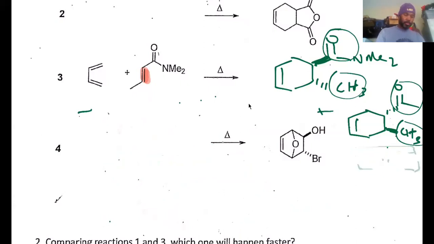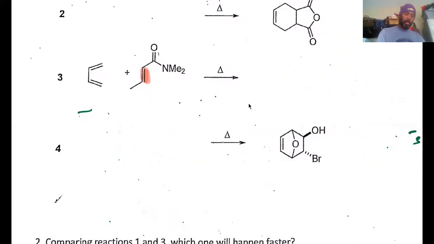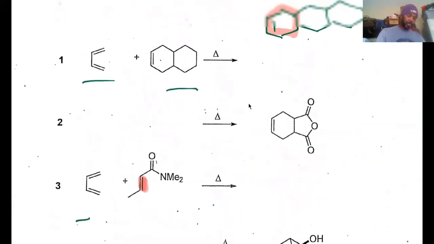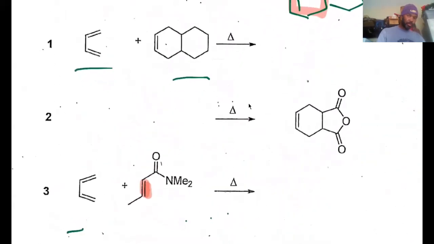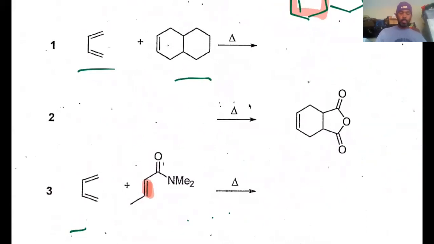All right, so now let's jump right in. Let's do this top problem first, number 2. In number 2, we have a product, but we need to work backwards to get to the starting materials.